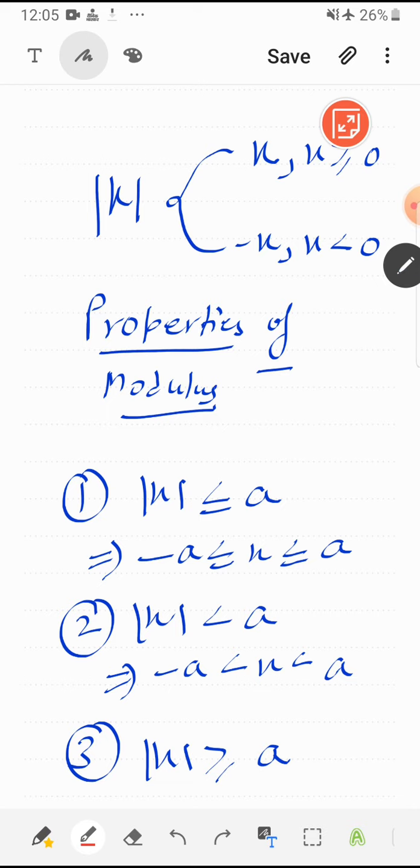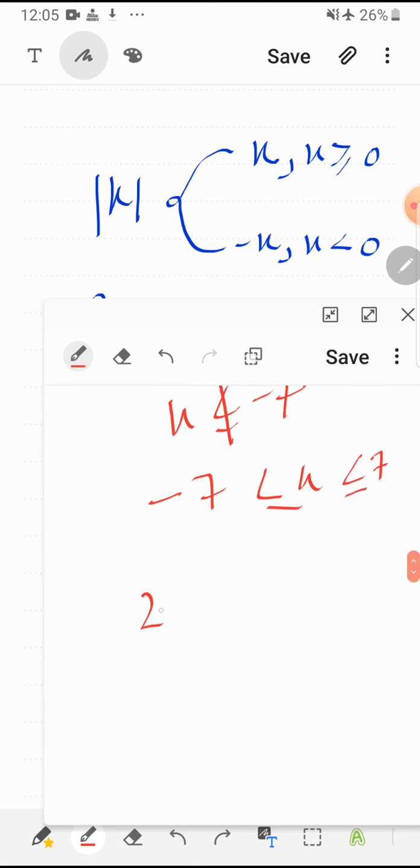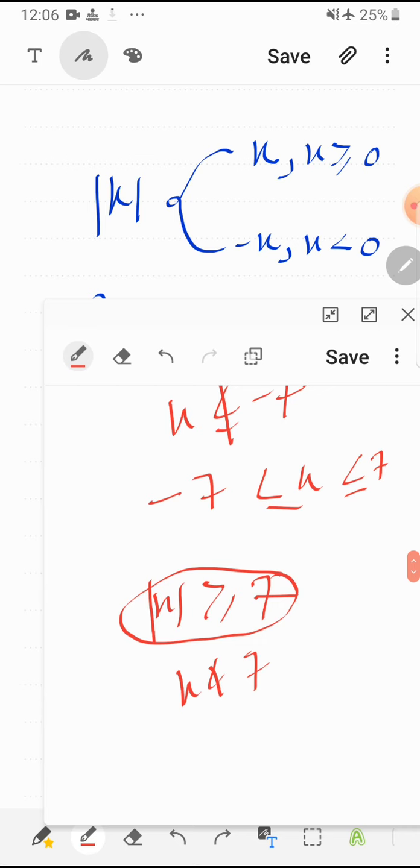Now when I say mod x is greater than a, like mod x greater than or equal to 7. Now obviously x can't be less than 7 here. x can't be 6, can't be 5. Similarly x can't be minus 6, minus 5. So to maintain this inequality, x has to be either greater than 7 or less than minus 7, because in both cases mod will be greater than 7.